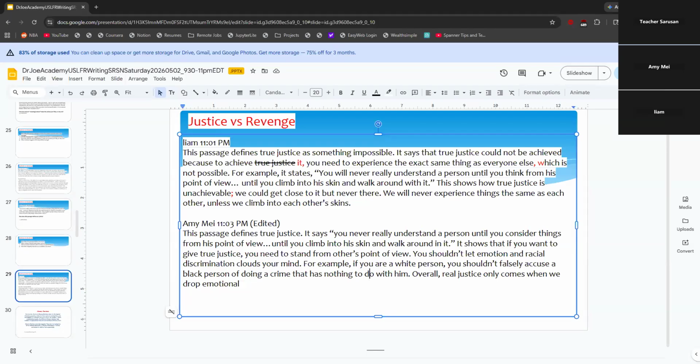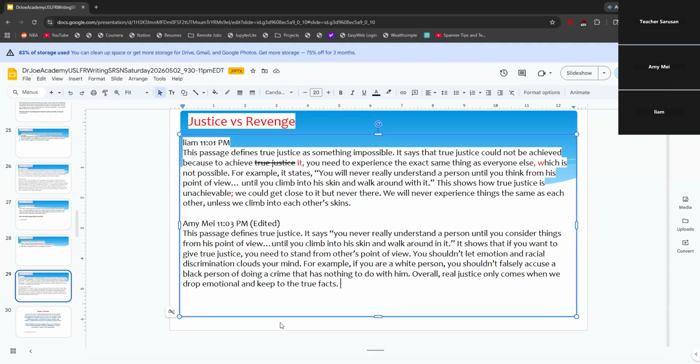Oh, we added a little bit more. And keep to the true facts. All right. So this passage defines true justice. It says, you'll never understand a person until you consider things from his point of view, until you climb into his skin and walk around in it. It shows that if you want to give true justice, you need to stand from another's point of view.